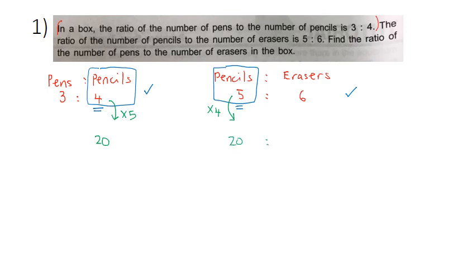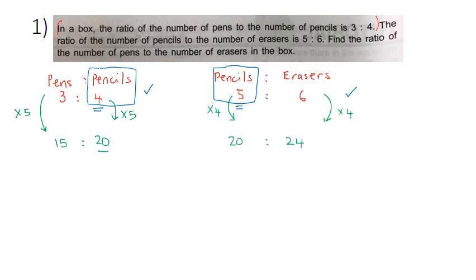Same goes for the comparison of the other two quantities. So for pens, we must also multiply it by 5 to make it 15 to 20. And for erasers, I multiply it by 4 to make it 20 to 24.